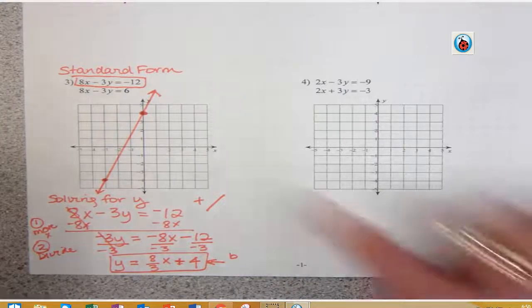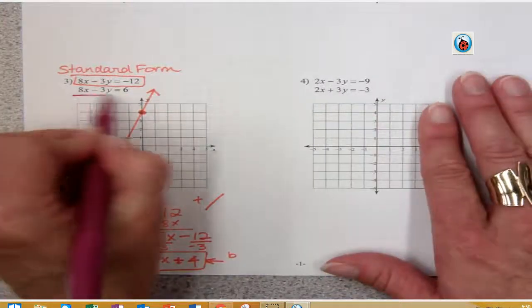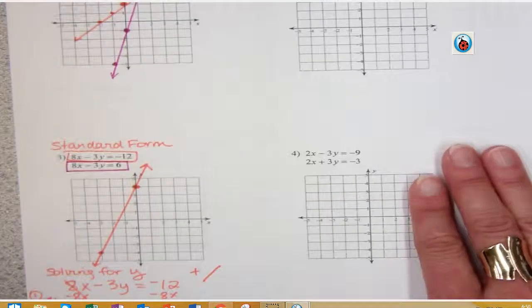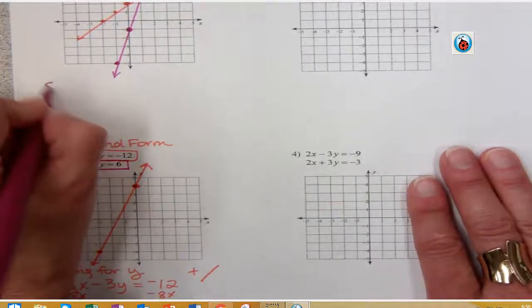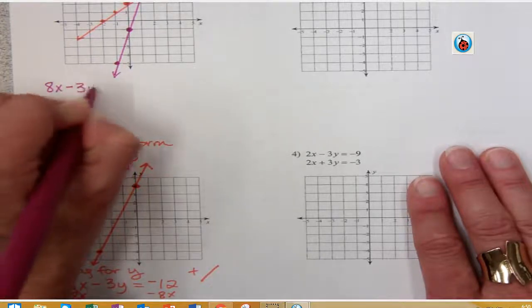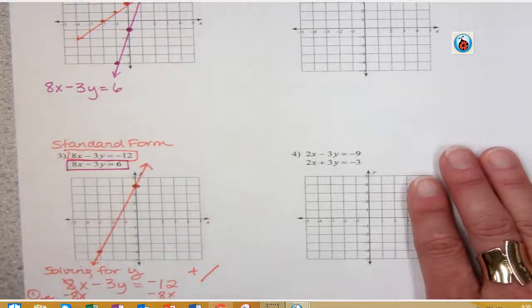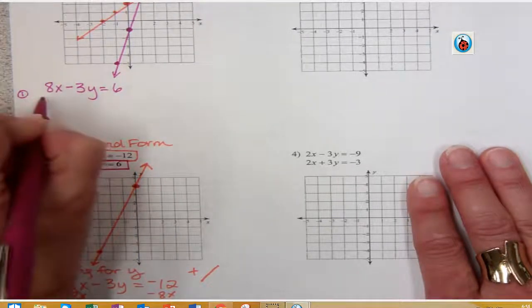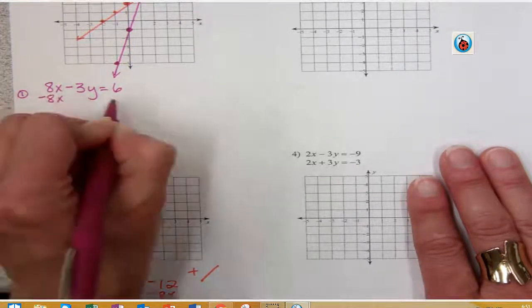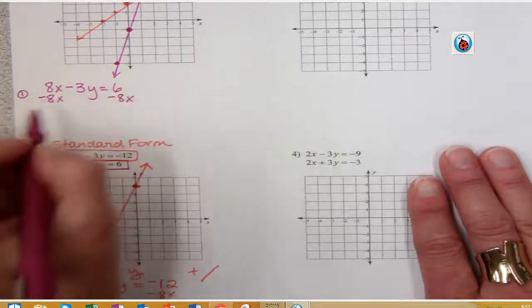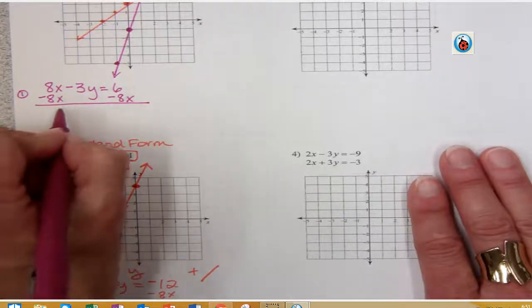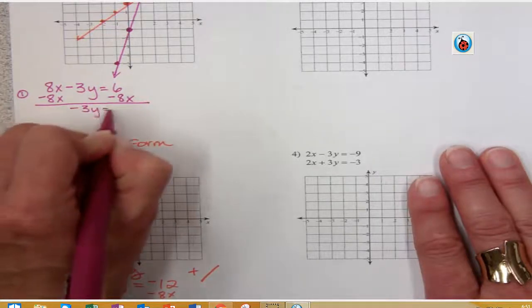Now I need to change this one to slope-intercept form as well. I've got 8x minus 3y equals 6. First thing I'm going to do is move my x term. I always move my x term first because I'm trying to isolate the y term. I'm left with -3y equals -8x plus 6.